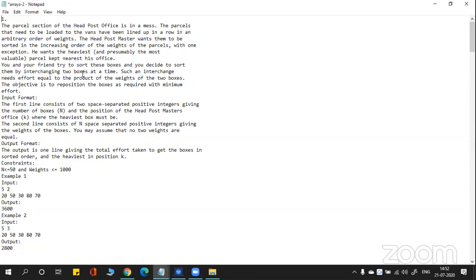The objective is to reposition the boxes as required with minimum effort. They gave the input format, some inputs and some outputs. Please go through this and try to understand.